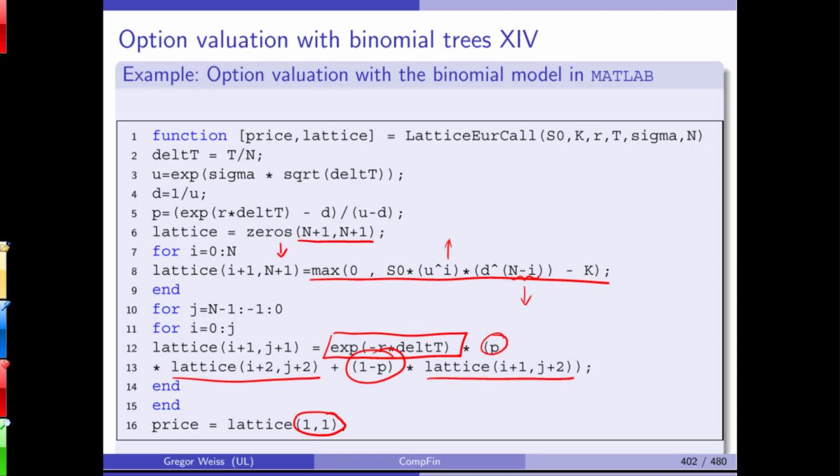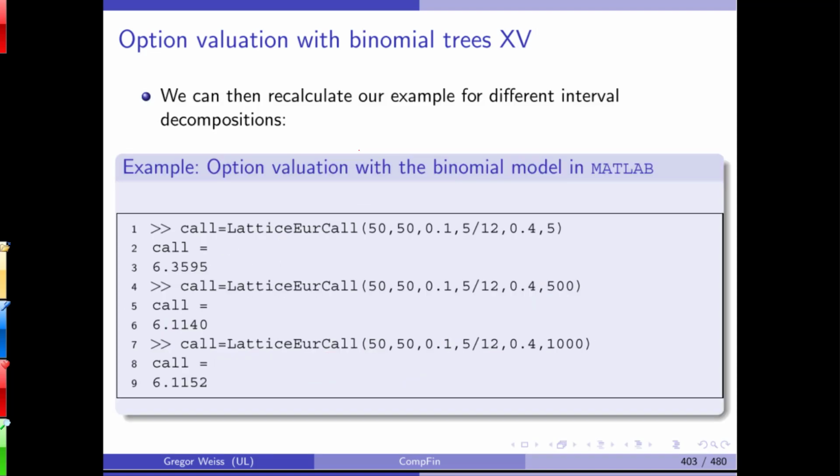And that's the price, and you also give out the lattice as an output. So let's do this here with these parameters, and we use 5 steps, 500 and 1000.